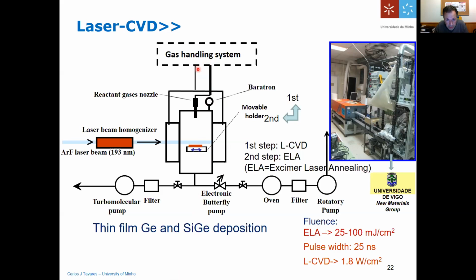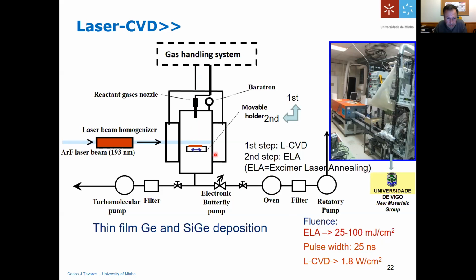And when the gas is fed and reaches the substrate, you shoot a fluorine laser beam with a 193 nanometer wavelength, and this laser will break down the molecules. You will have a fluence of between 25 and 100 millijoules per square centimeter. The pulse width is about 25 nanoseconds, and so the power density that you are applying is less than 2 watts per square centimeter.